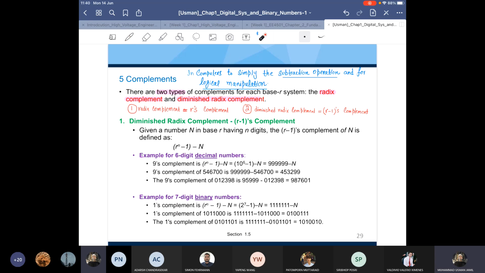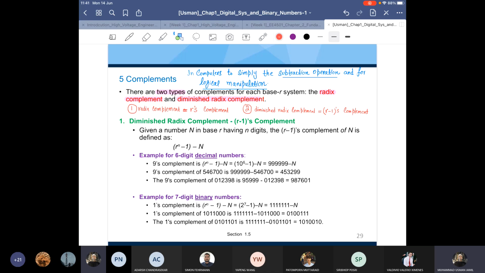So now we will start from diminished radix complement, which is also called R minus 1's complement. Now, given a number n with base R, can be octal, decimal, or hexadecimal, having n digits, then the R minus 1's complement of n is defined as R to the power n, minus 1, minus n.